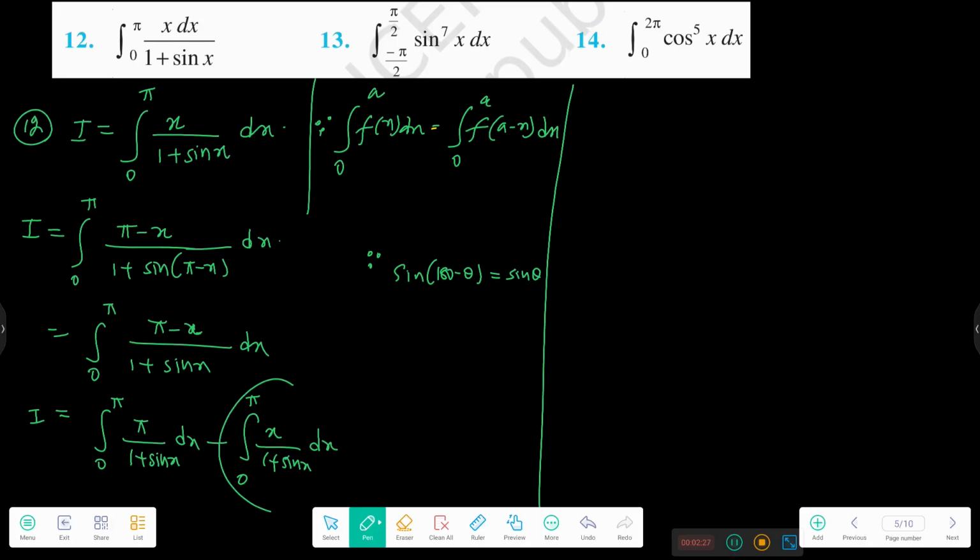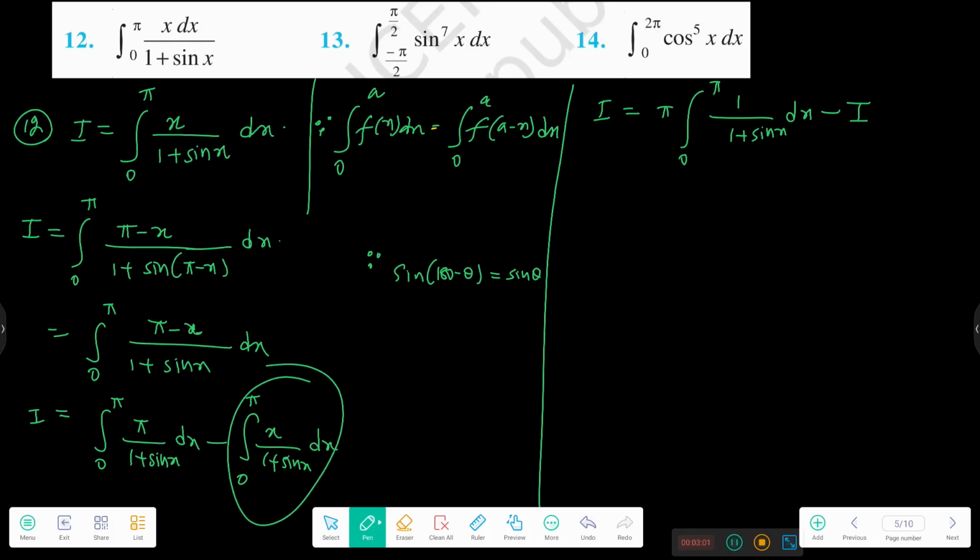Children, you can notice this looks like the same question. x divided by 1 plus sin x dx looks like the same question. So we can write this as I. So I equals pi, if you take it outside the integral, the integral from 0 to pi of 1 divided by 1 plus sin x dx minus I.